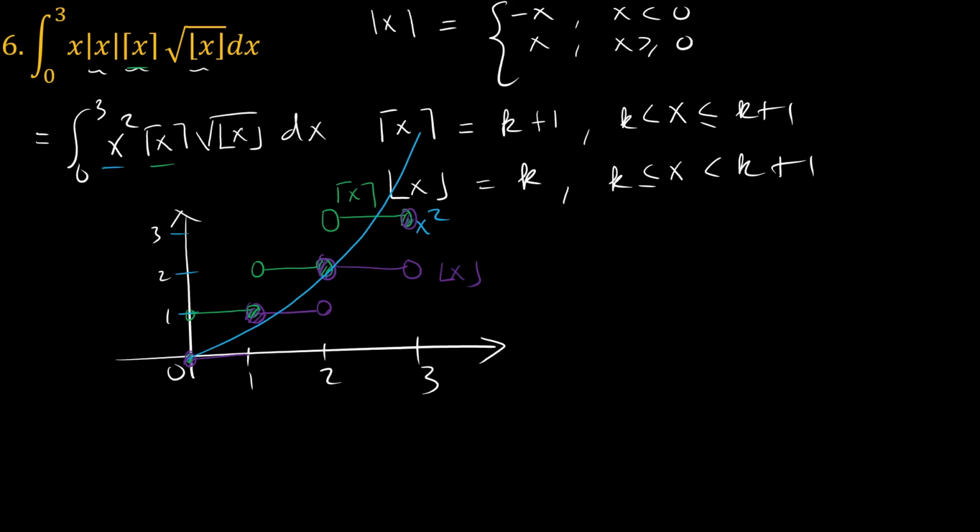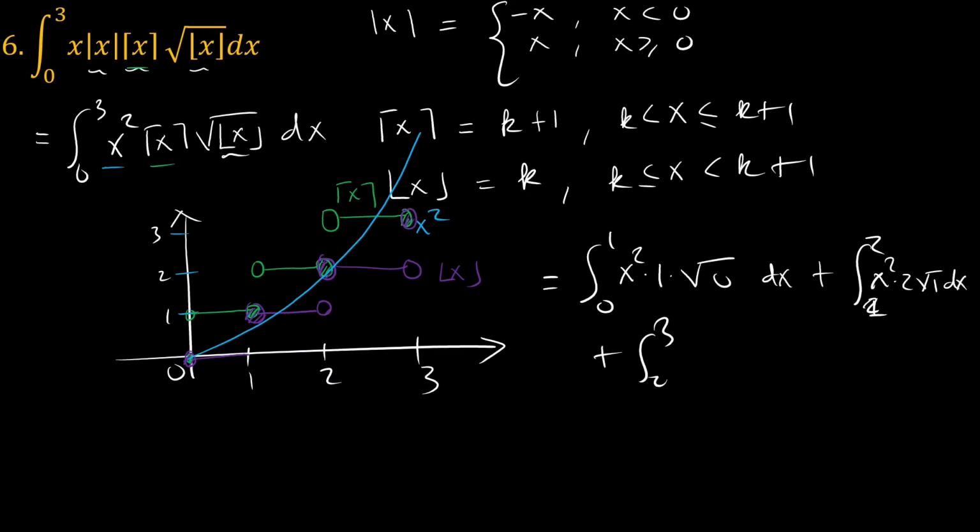So what our problem becomes is that we break it down. From 0 to 1, we have x squared, the ceiling there is 1, and the floor is 0, so square root of 0. Plus from 1 to 2, we have x squared, the ceiling is 2, times the square root of 1.